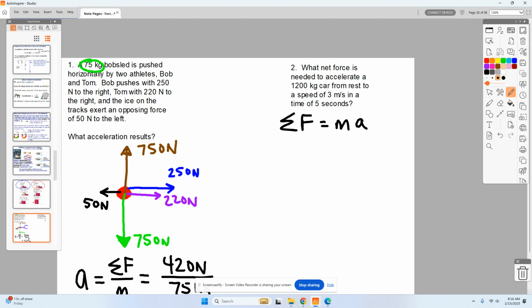So I'm not going to care about what kinds of things act in which direction. I just want to know the net force. That's the left-hand side. I know it's 1,200 kilograms. But how can I look at this and determine what the acceleration for this car is if I know it needs to get to a speed of 3 meters per second in 5 seconds?